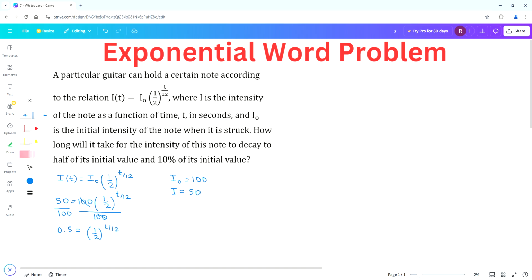We have to find the value of t, and t is in the exponent on 1 over 2. This is an exponential equation. We can solve this equation by making the base the same on both sides of the equation. 0.5 is equivalent to 1 over 2.